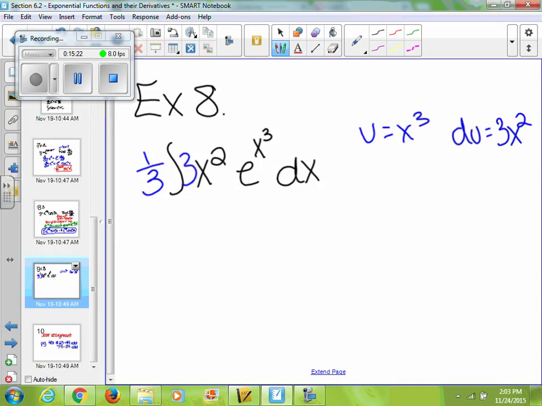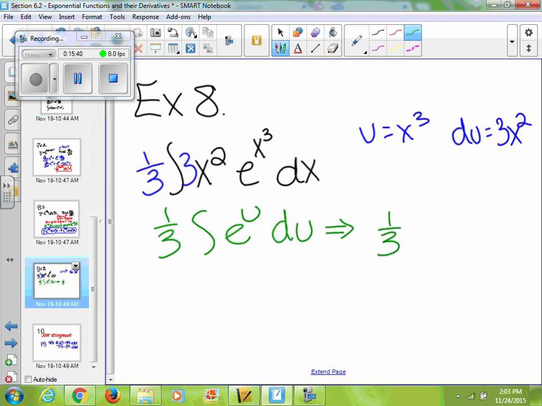So if I replace everything with my new stuff, my 1/3 stays out front, the integral, 3x squared is replaced by du, and e to the x cubed becomes e to the u. And what is the integral of e to the u? Or e to the x?